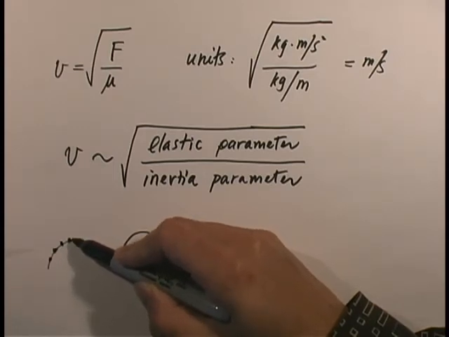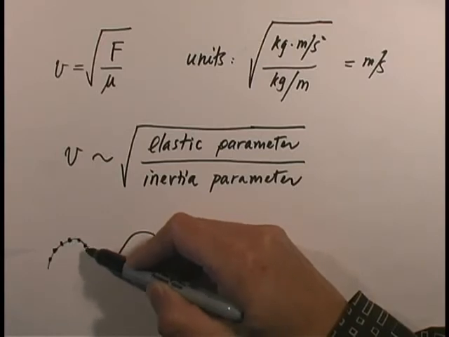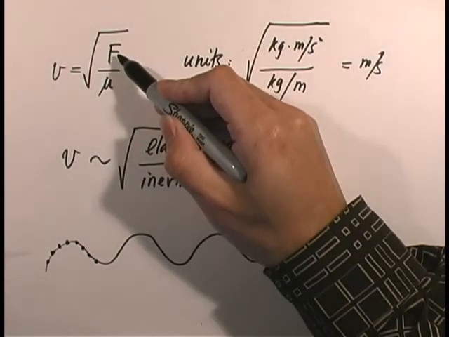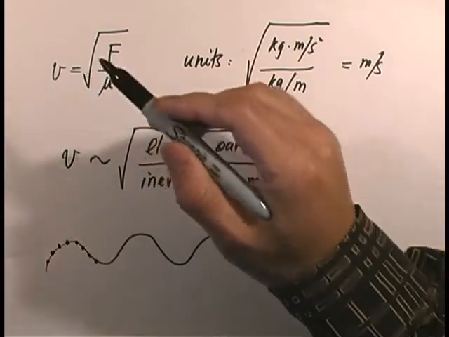So obviously, if the string is under a lot of tension, then this oscillator will pull the next one with a much greater force, and therefore, once it moves, the next one is going to feel its motion immediately, and then the next one immediately, and the next one immediately. So it is clear that the greater the tension, the faster the speed of the wave. That's why, as the tension F increases, so does v.